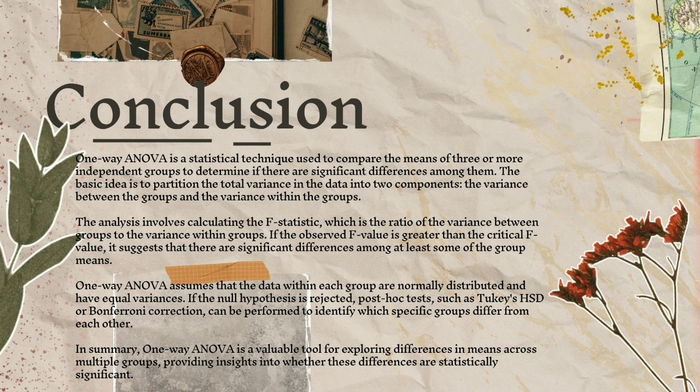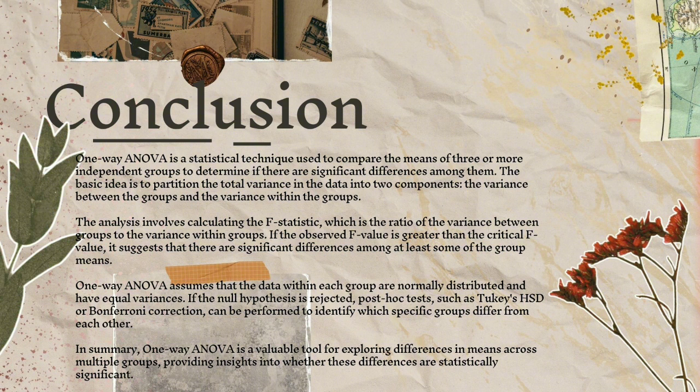One-way ANOVA assumes that the data within each group are normally distributed and have equal variance. If the null hypothesis is rejected, post hoc tests such as Tukey's HSD or Bonferroni correction can be performed to identify which specific groups differ from each other.